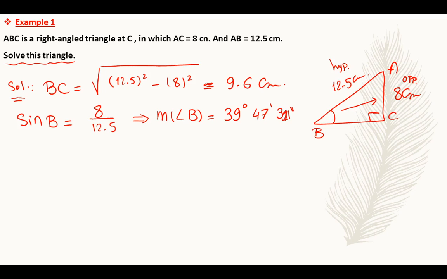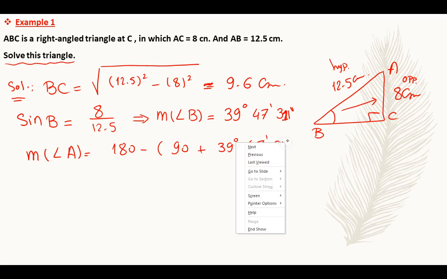Now we have the measure of angle B and we have the measure of angle C, which is equal to 90. So we can find measure of angle A. We have two ways to find measure of angle A. Measure of angle A equals 180 degree minus 90 plus 39 degree, 47 minutes, and 31 seconds.